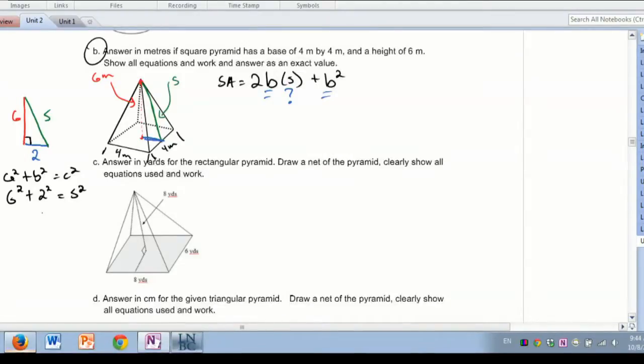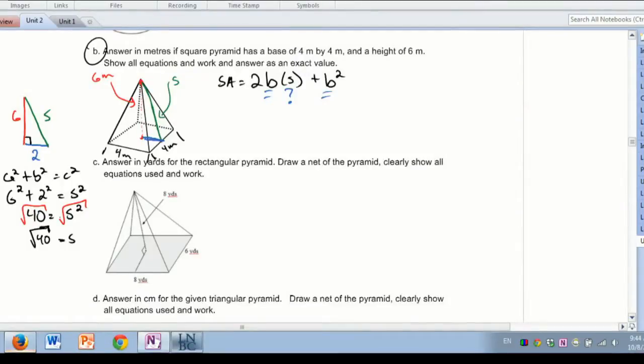So 4 and 36 together gives me 40. And then I need to take the square root of both sides. We'll leave it as the square root of 40.